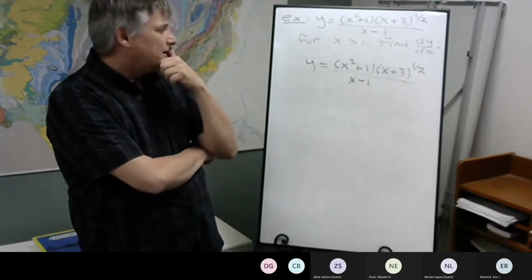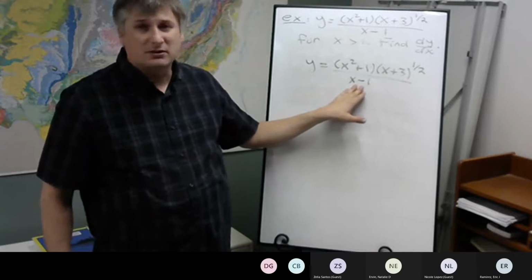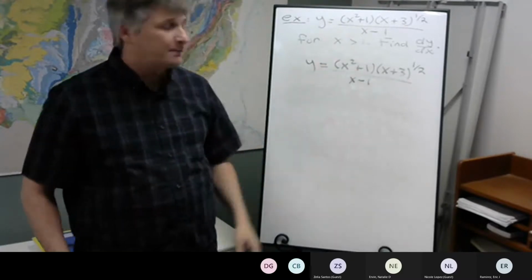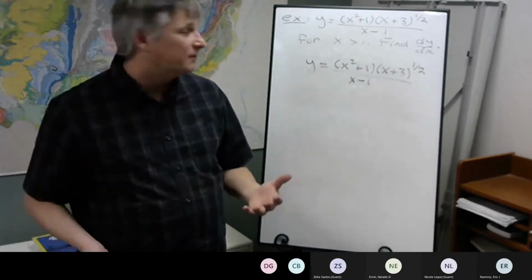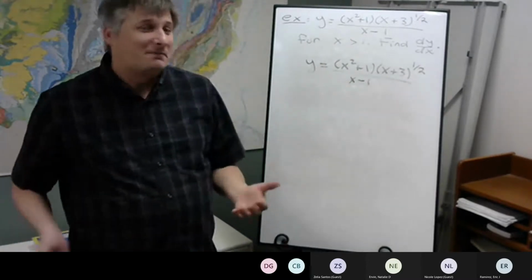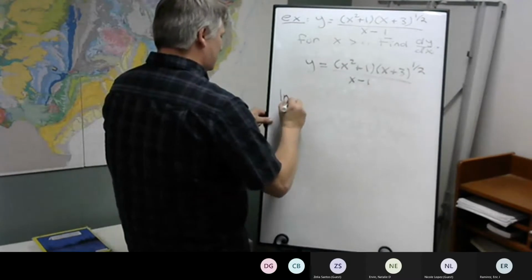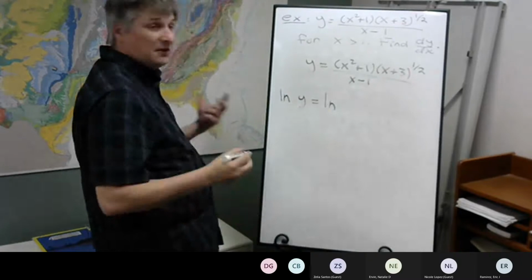So we need x to be greater than 1, so this doesn't come out to be negative. So this is a key point in this problem. Because if this is negative, we won't be able to take the logarithm of it. So we'll take the natural log of y on this side, and then we have the natural log of this whole thing.